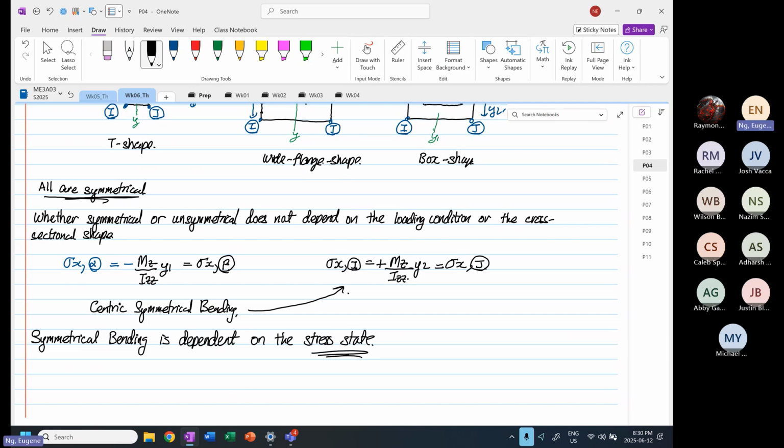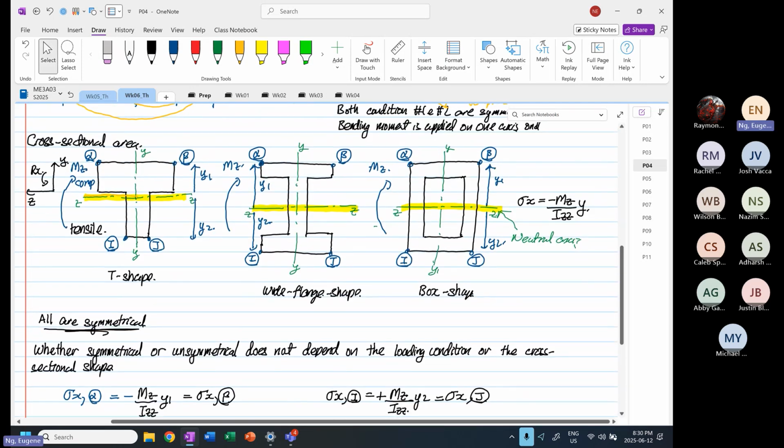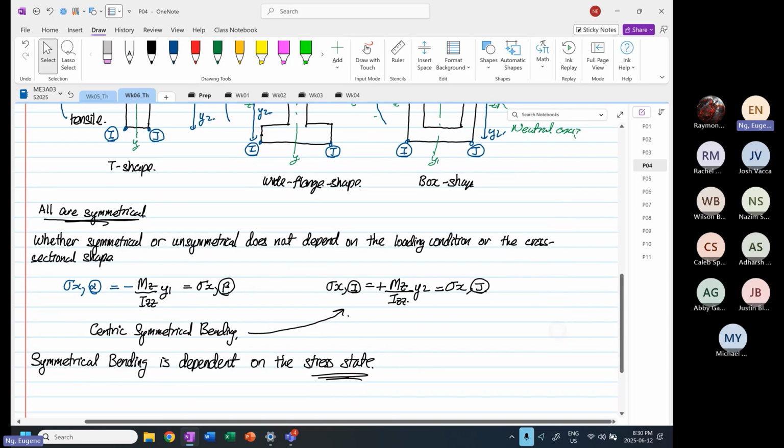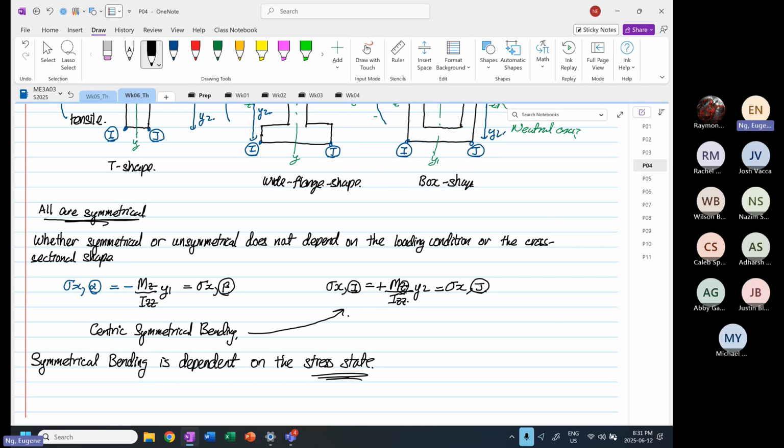Are we clear? Not on the geometry, but purely on the stress state. And as I said earlier, when it's symmetrical, you only have one axis of bending. Are we clear? We have to get this pristine. We have to get this clear.